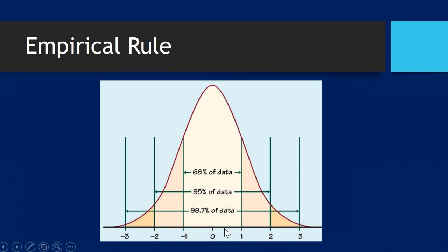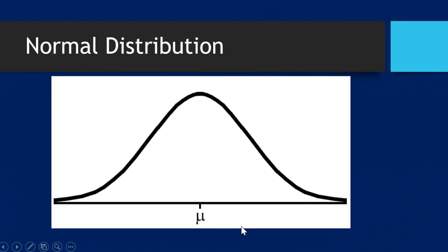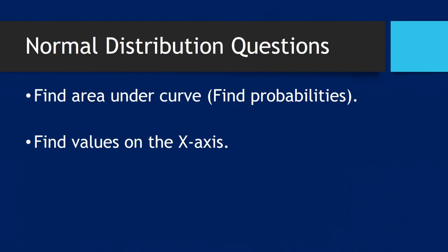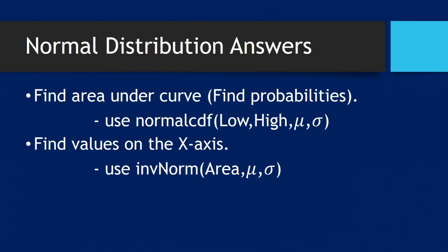We saw in this case these would be z values, but if I had a different mean on this number line, we would talk about x values. So can we find the area underneath the curve, and can you find the values on the x-axis?